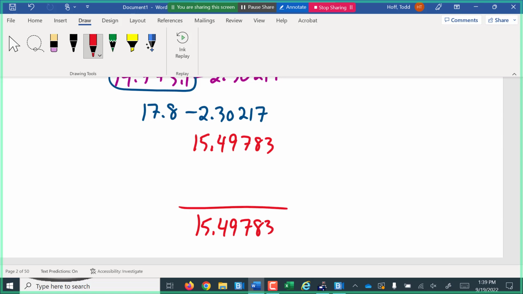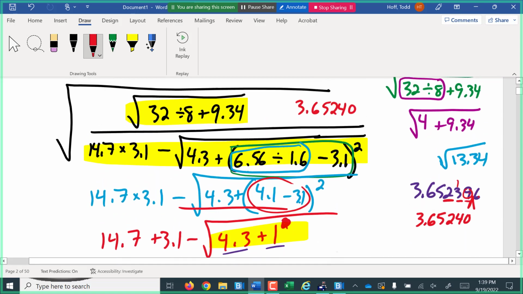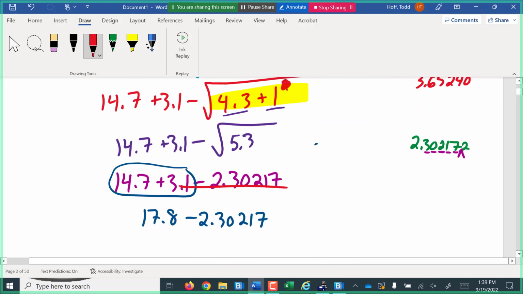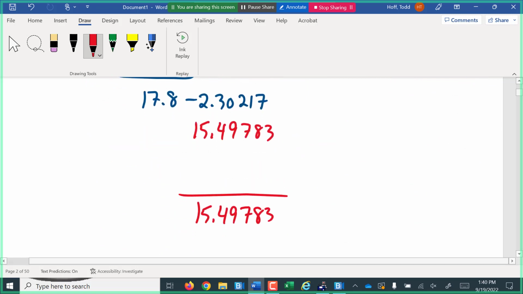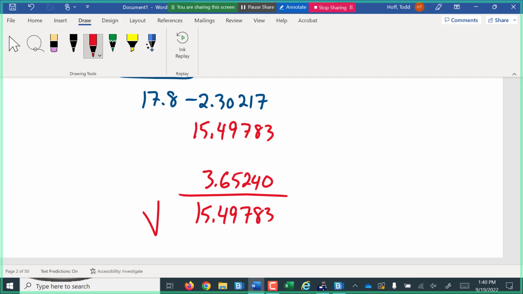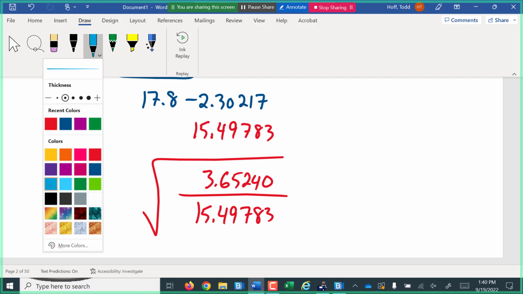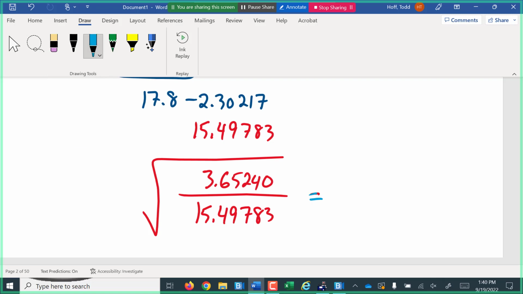15.49783. The top part was 3.65240. And of course, there's still a square root around the whole thing. What do we do next? Divide. Good.